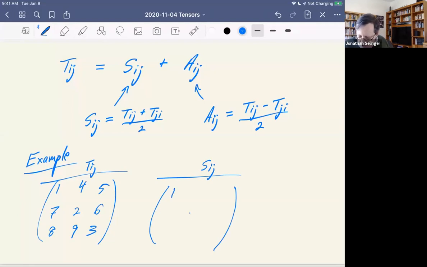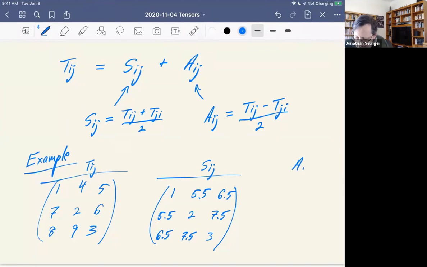So 1, 5, 9 on the diagonal, and then for this position, I want the average of 2 and 4. That's 3. For the corner, I want the average of 3 and 7. That's 5. And then here, the average of 6 and 8, 7.